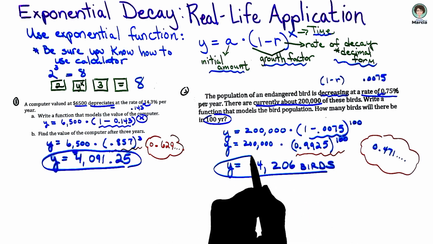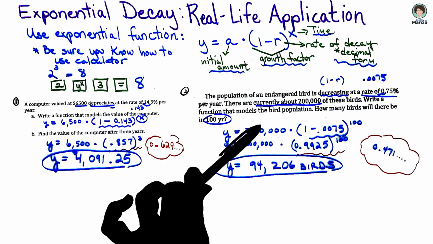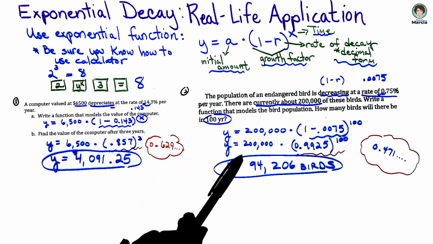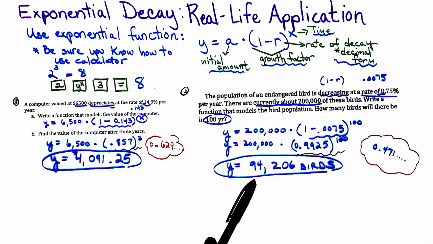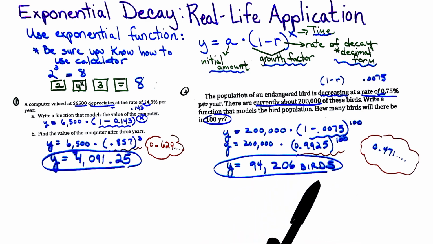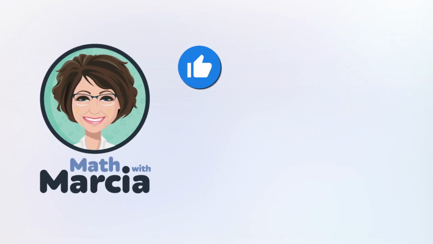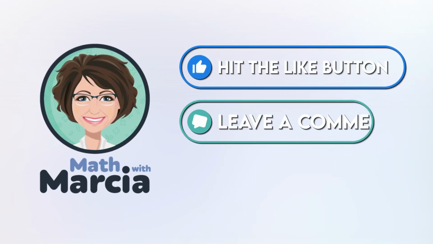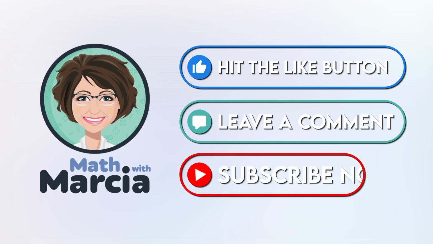So what's going to happen? This bird population of 200,000 will decrease to only 94,206 birds.